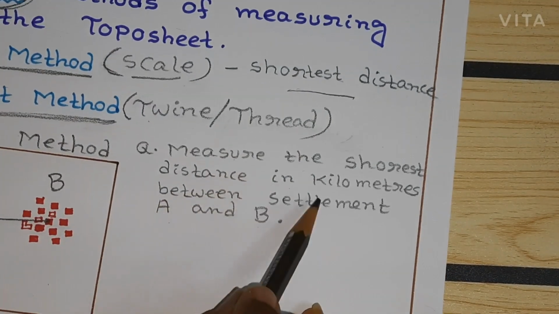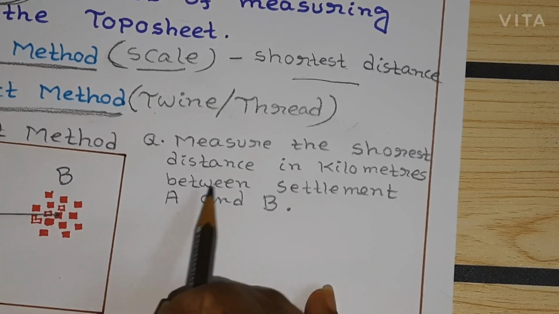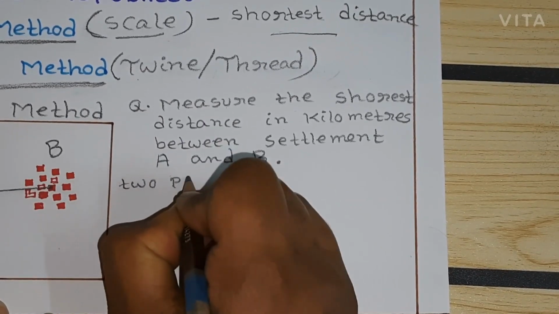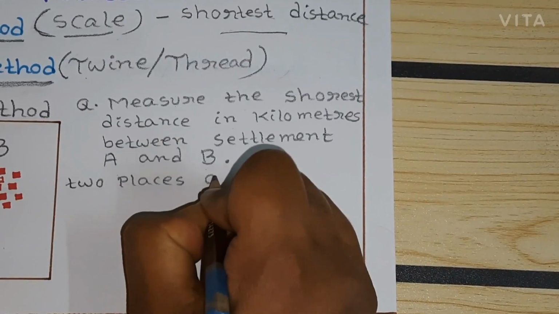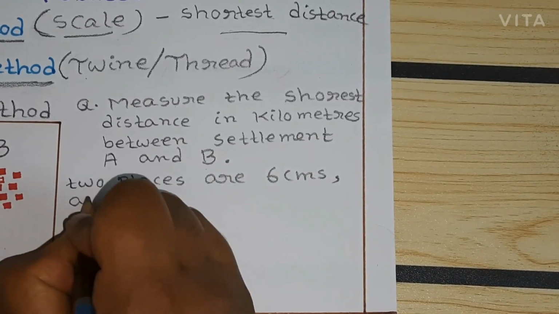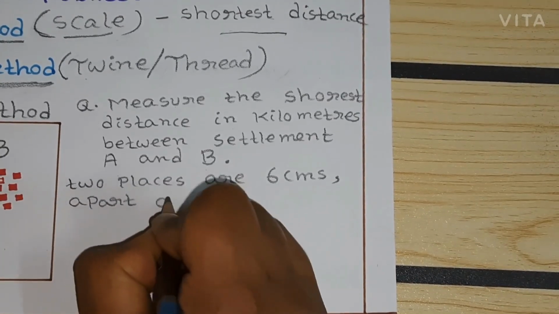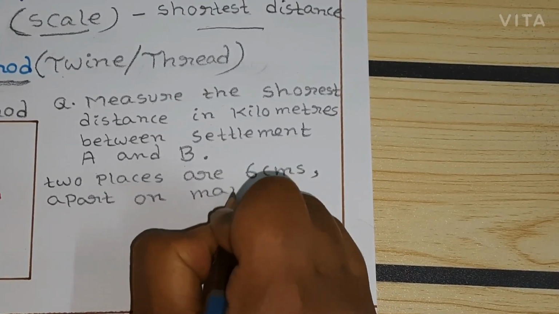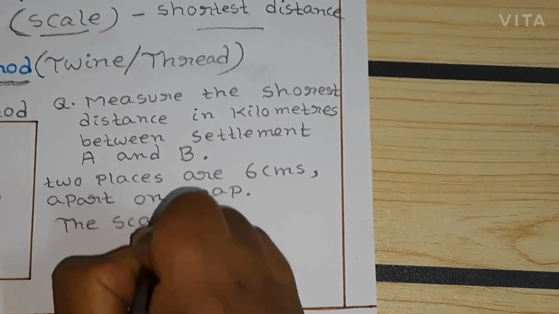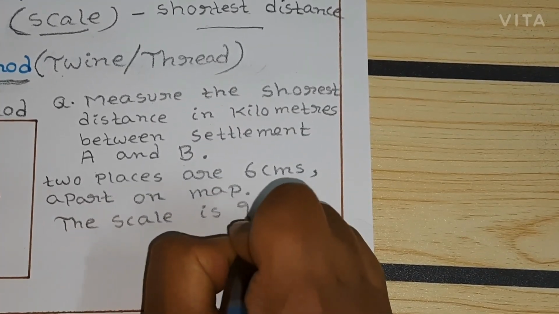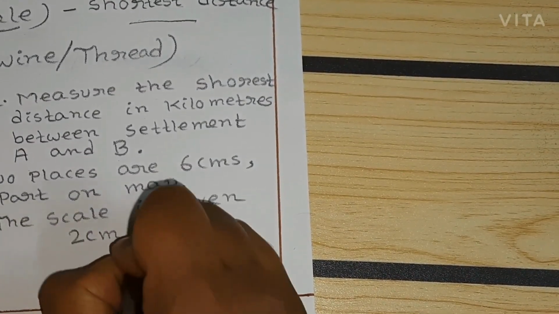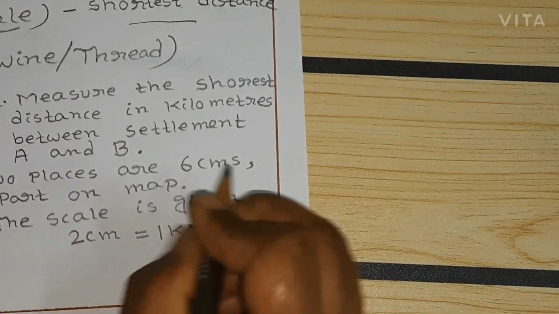Okay, so let's do the calculation. So what you need to write: two places are 6 centimeters apart on map. Okay, so the scale is given 2 centimeter to 1 kilometer, right?